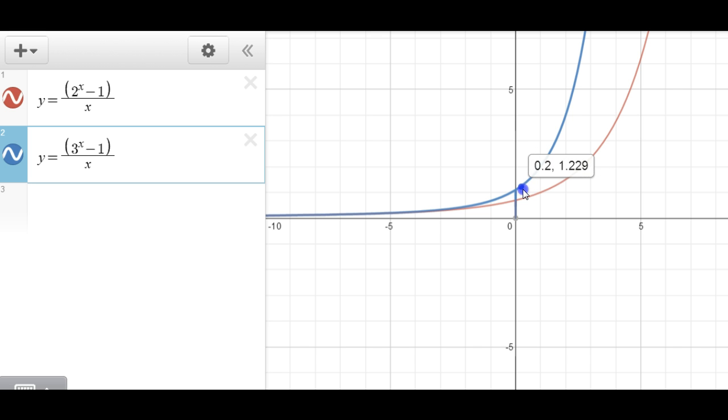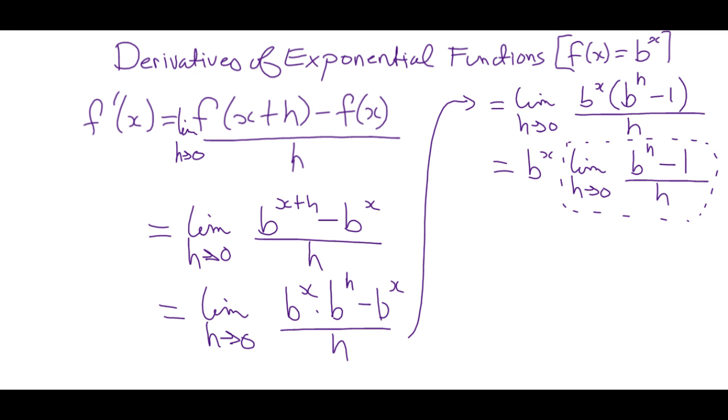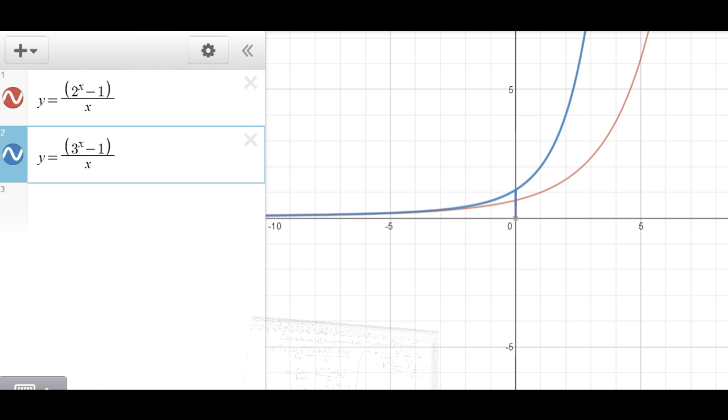So 1 point something-ish and 0.67. Well, what would be nice is if we could find a value of b so that this expression here were equal to 1.